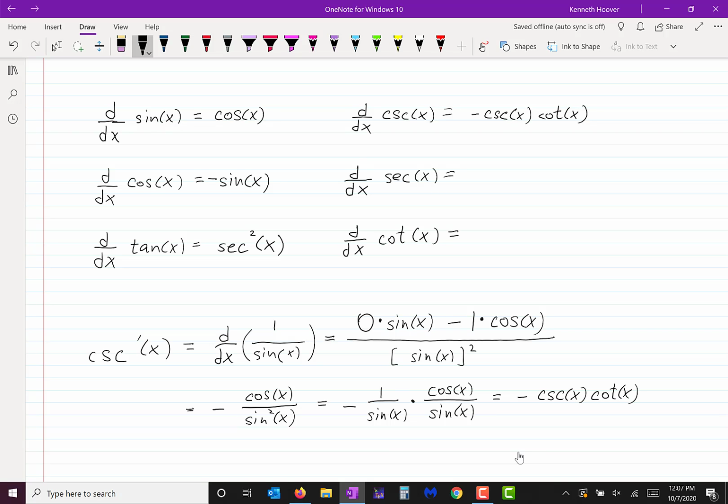Let's do the derivative of secant. Well, that just requires me to only change the sine on the bottom to a cosine. So that's just going to change a few of these things here.